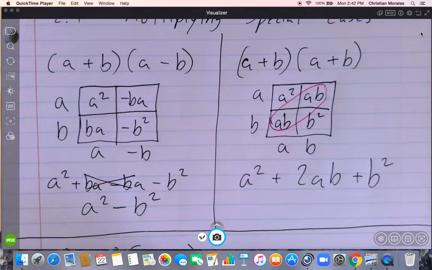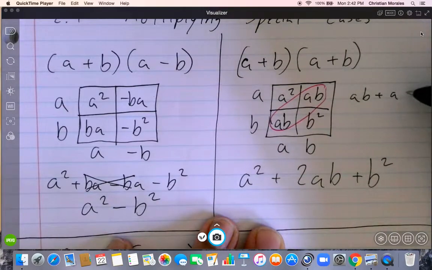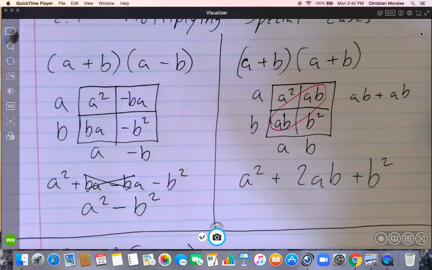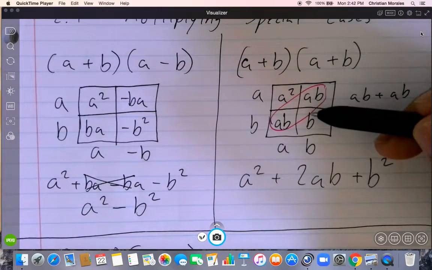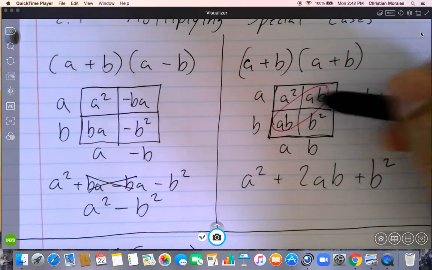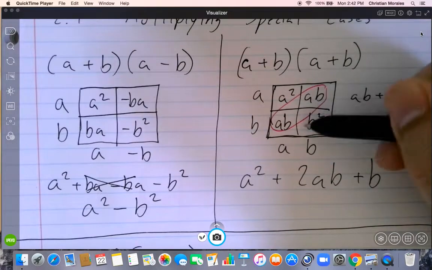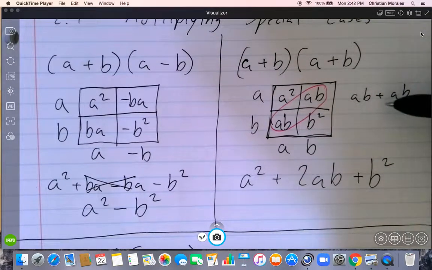They don't cancel out because you have to do AB plus AB. And guess what that is? AB plus AB is 2AB. Remember, this is not multiplying anymore. You multiply it first, but once you have your individual answers, you are adding them up. And you can only add up your like terms.